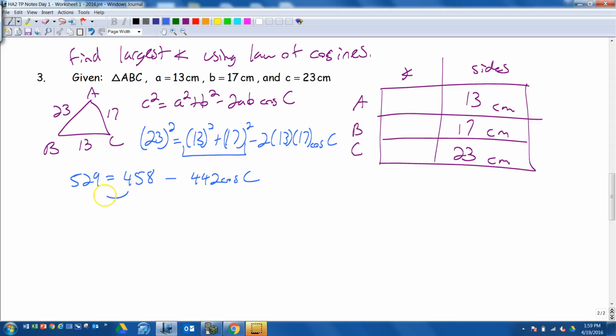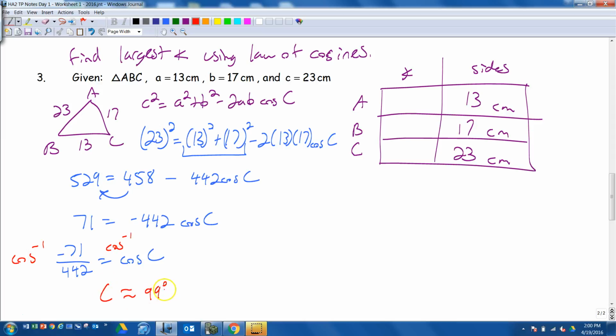You have to move the 458 this way. So when you subtract, you get 71 is equal to negative 442 cosine of C. You get negative 71 over 442 is equal to cosine of C. And then we can cosine inverse both sides. So we get C is approximately 99 degrees and 15 minutes.